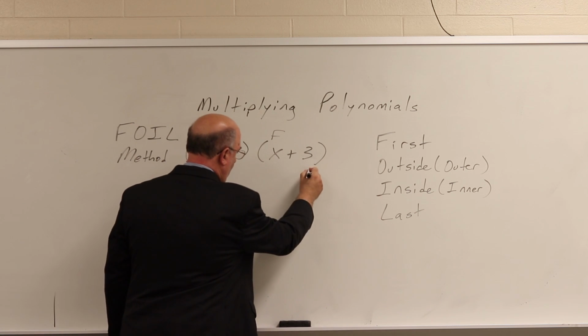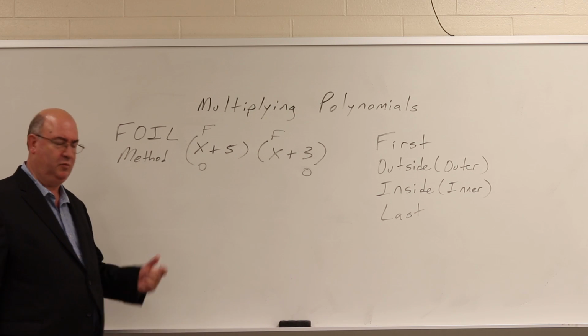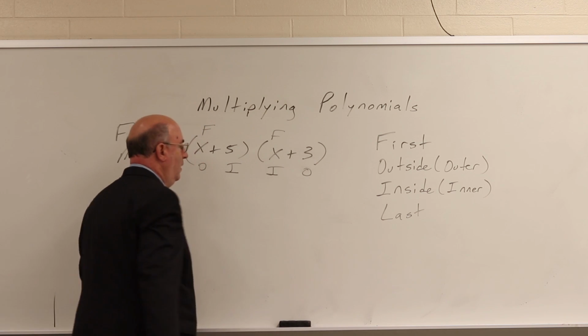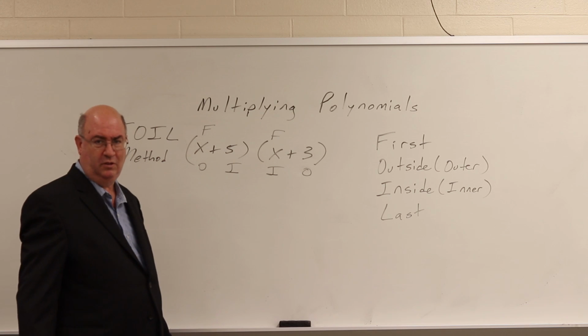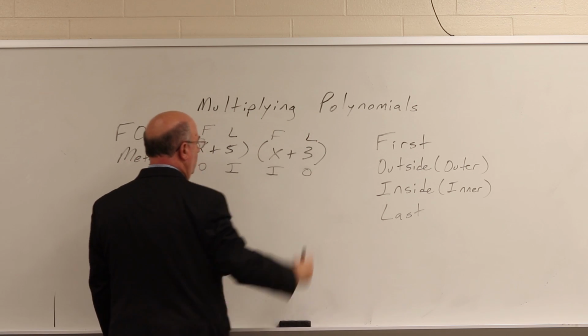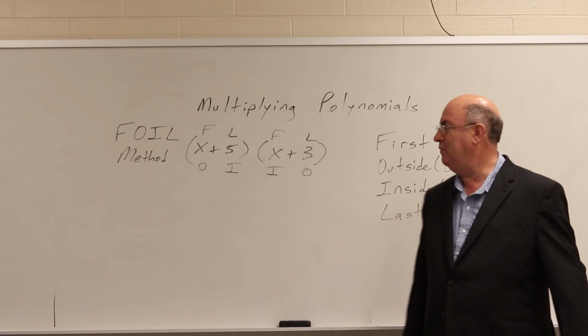It's supposed to be an O, not a 0. Inside terms are the ones next to each other. And the last is the last term in each bracket. So far, so good, right? FOIL method.